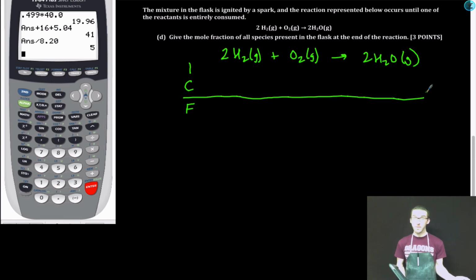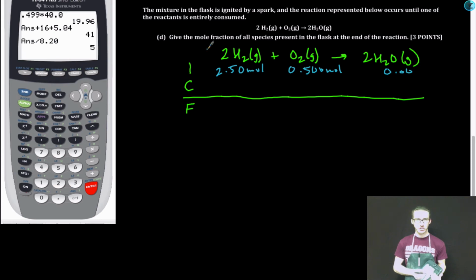Because it's not an equilibrium ice table, it doesn't have to be in concentrations or pressures, we can just use number of moles. Remember that initially we had 2.50 moles of hydrogen and 0.500 moles of oxygen. No water initially before that spark is brought to the flask. Remember, the change is going to occur stoichiometrically, and the relationship between hydrogen and oxygen is a 2-to-1 relationship.